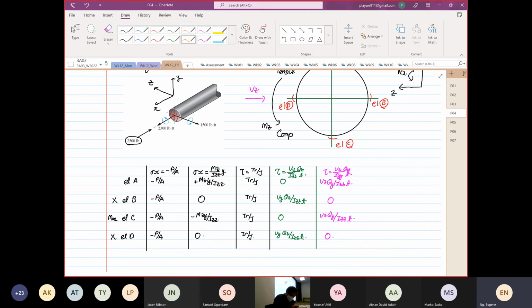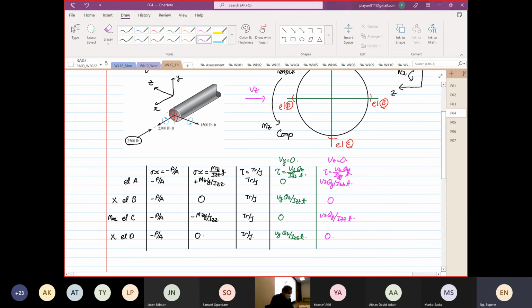Vz is over Iyy, and Vy is over Izz, that is correct. So we know that Vy is equal to 0 because we are not given the value. We also know that Vz is equal to 0, we are not given the value.